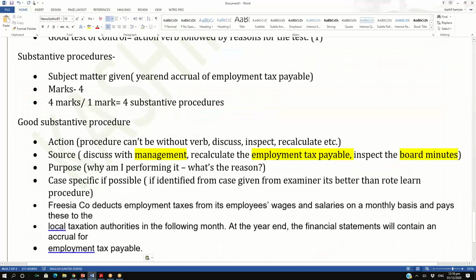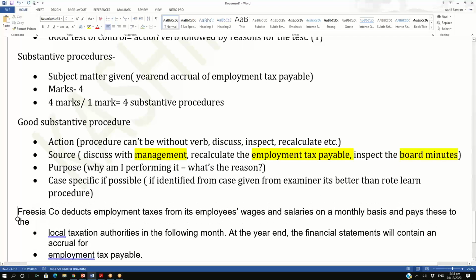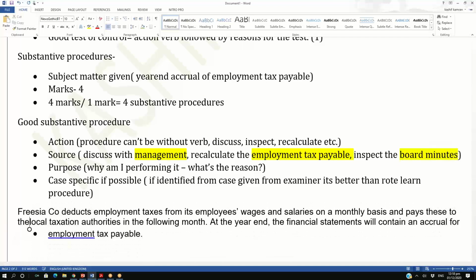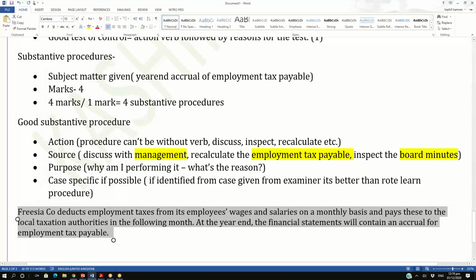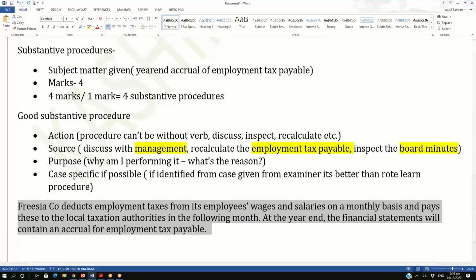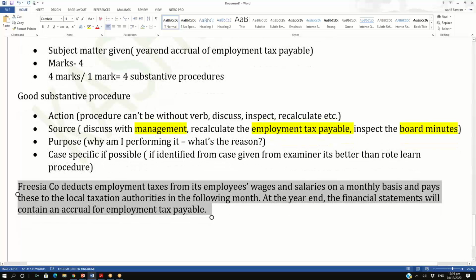I just copy the case here from the examiner paper to demonstrate something. And I follow my rules, which I just taught you. Suppose I'm a student sitting in the exam hall and I have to work on 4 substantive procedures looking at the very small case given by the examiner.